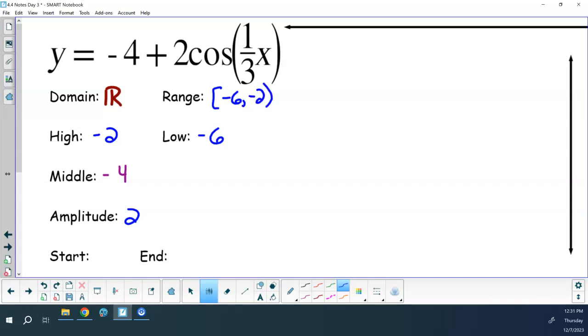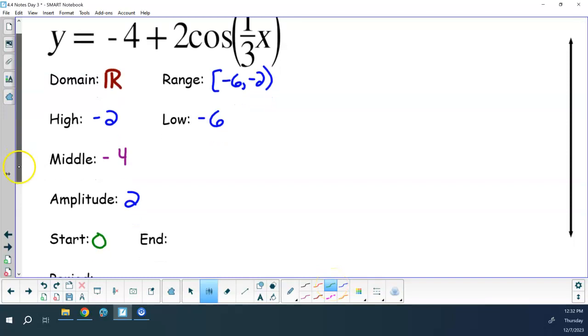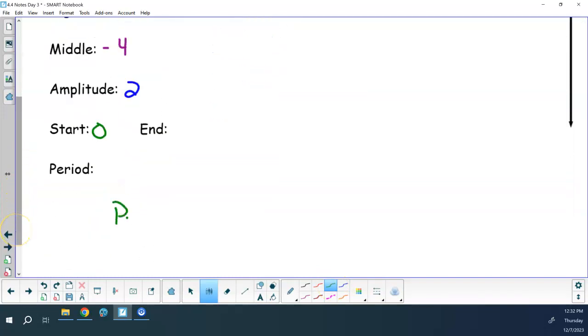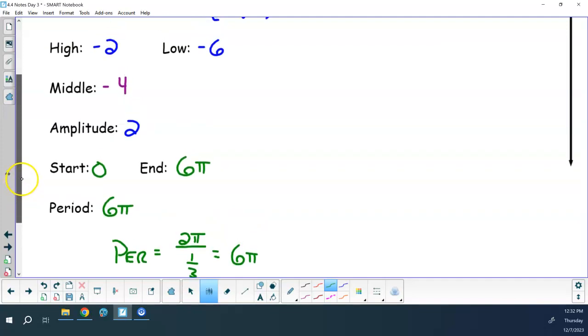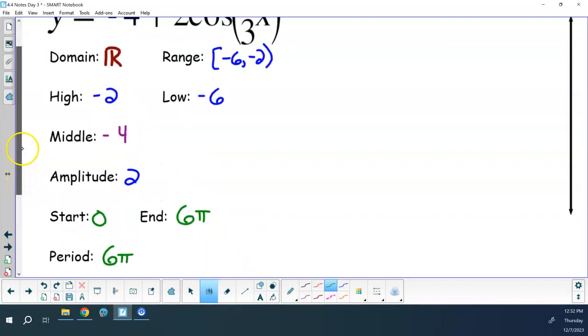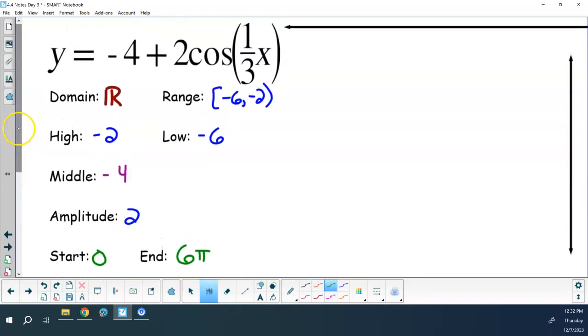I start at 0. My period is 2 pi divided by 1/3, which is 2 pi times 3, which is 6 pi. Do we need to show our work for the period? I would, because I'm a show work kind of guy.